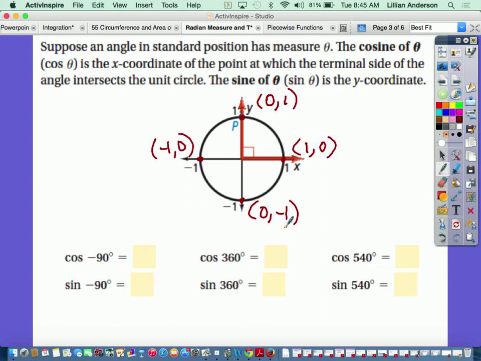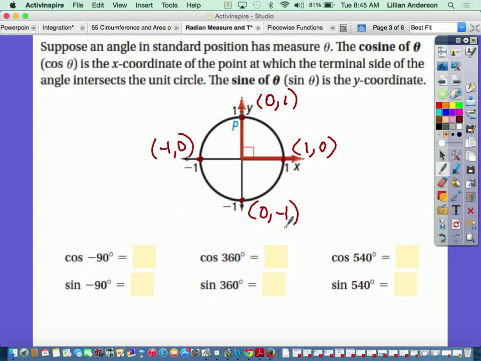(0, -1). Now, suppose an angle in standard position has a measure of theta. This is not a circle with a line through it, it's the Greek letter theta. It's a way you can represent an angle measure. The cosine of theta is the x-coordinate of the point at which the terminal side of the angle intersects the unit circle.